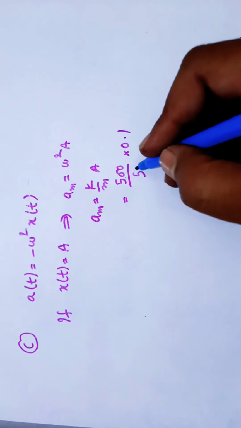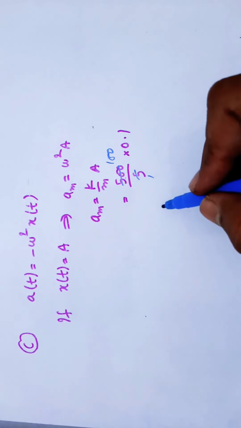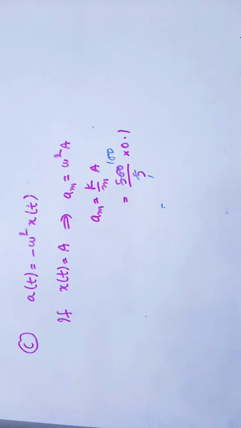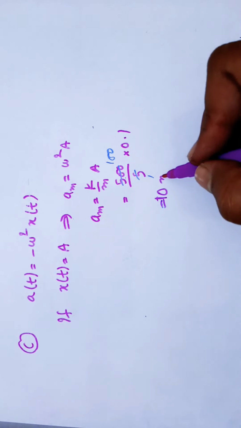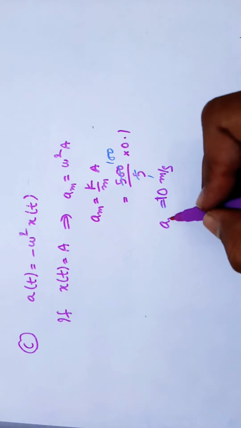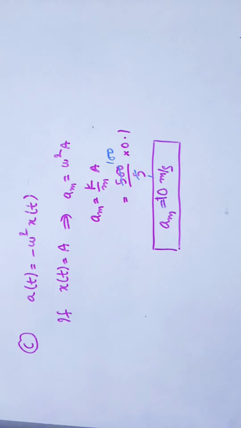So 5 ones are 5, 500 is 500, so 100 into 0.1, that is 10 meter per second square. Therefore, the maximum acceleration is 10 meter per second square.